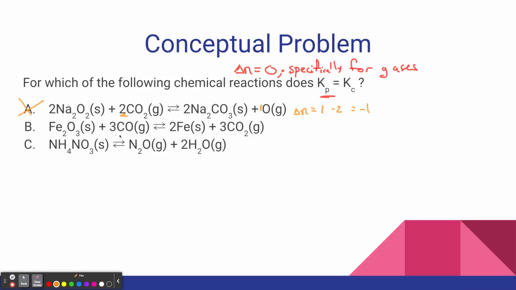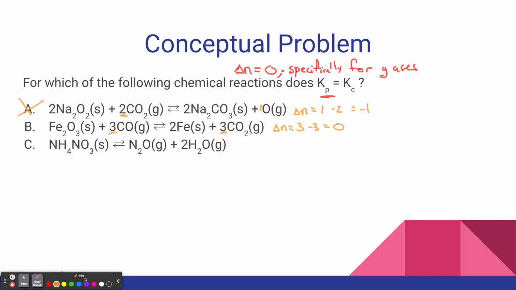Okay, then our next one is iron(III) oxide reacting with carbon monoxide in equilibrium with 2 iron solid plus CO2, so delta n would equal, from our products, 3 from carbon dioxide and then 3 from carbon monoxide, so that's 0.